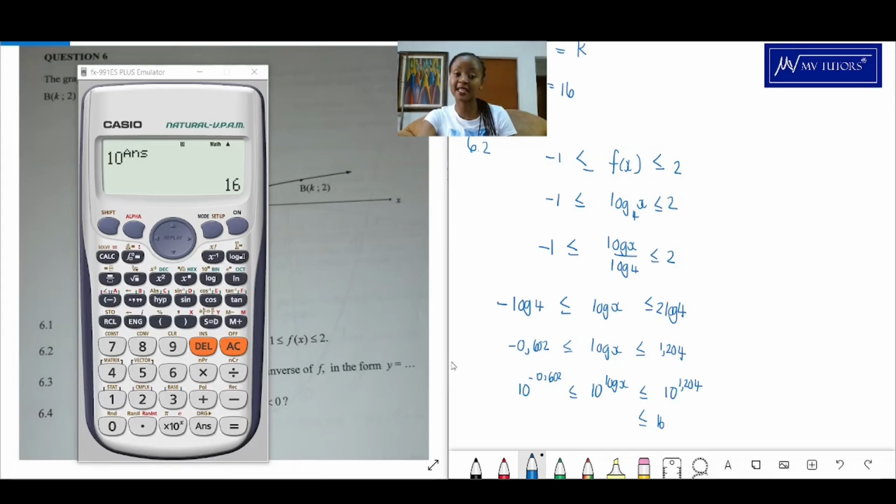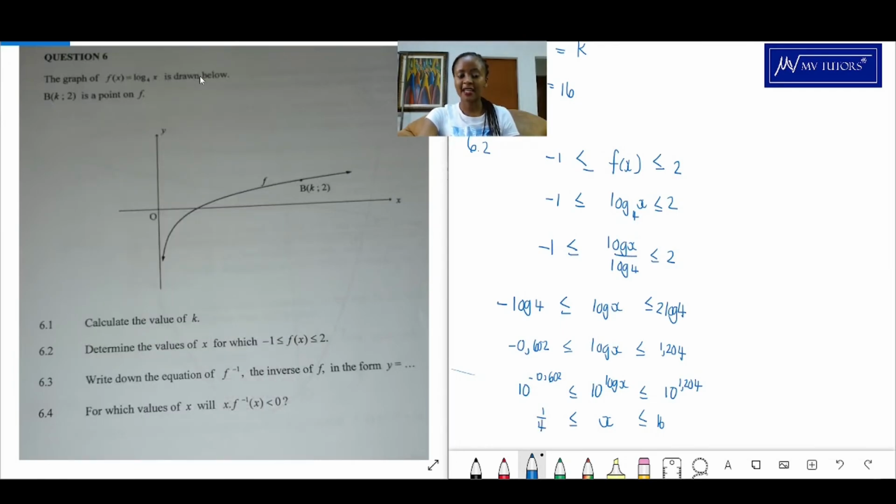And here the 10 cancels the log, so we have x over there, and then we're going to have 10 to the power, let me just go up there. If I say 10 to the power the answer, I'm going to get 1/4. So we have successfully answered 6.2.